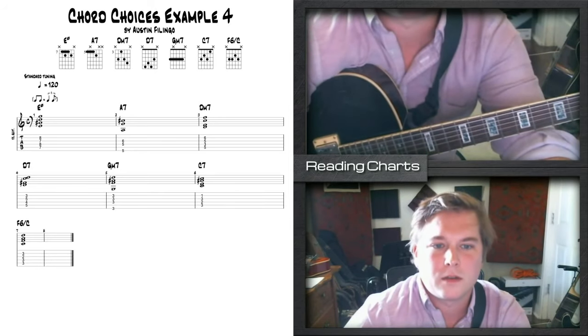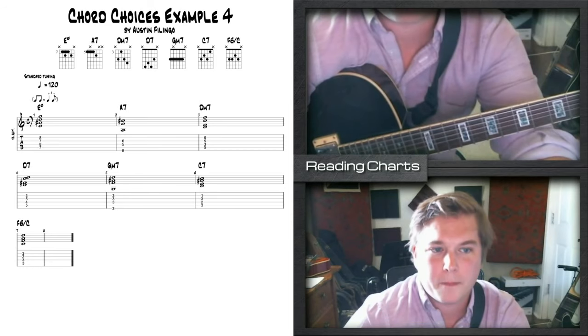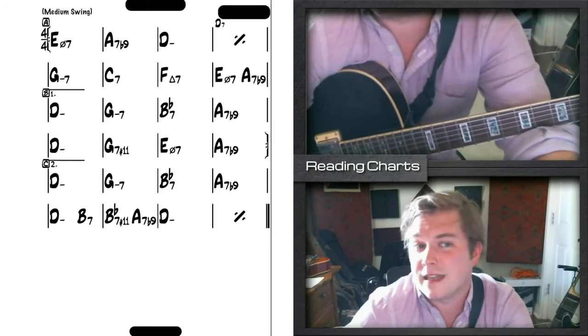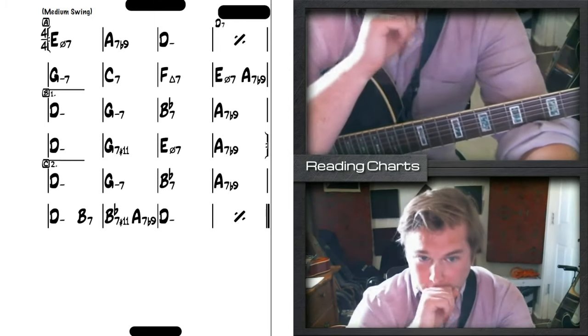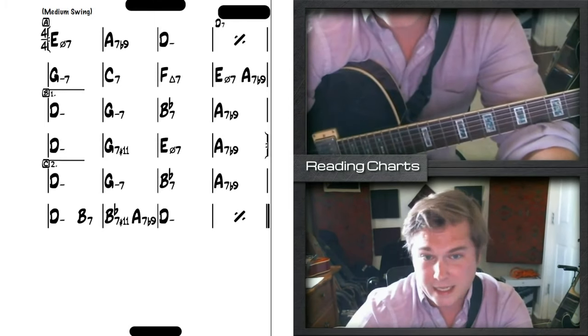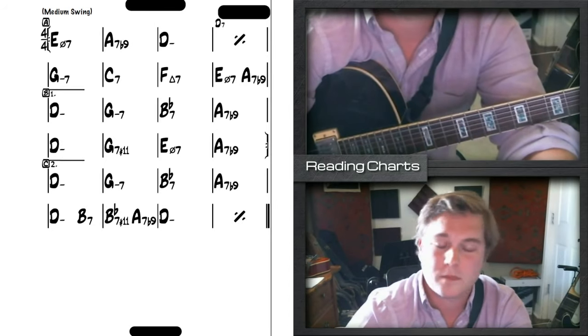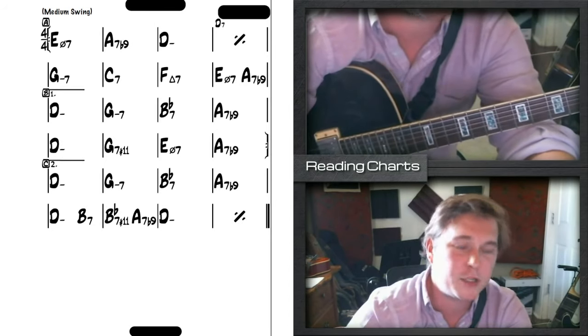it's labeled example for reading charts, right? All right, so like I said, guys, it has like a C part, right? You see that, use your ears, pay attention to the page, right?